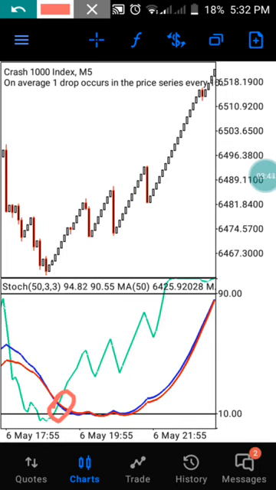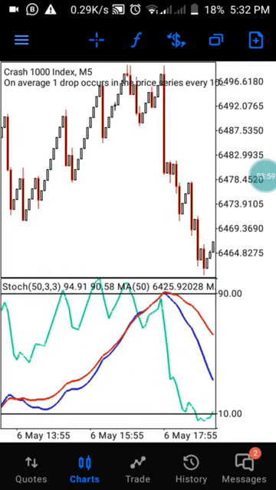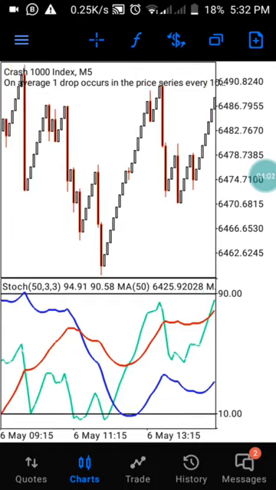That particular level will be your stop loss. You can keep on counting your candles until you reach 10 candlesticks, then you are out of the market.